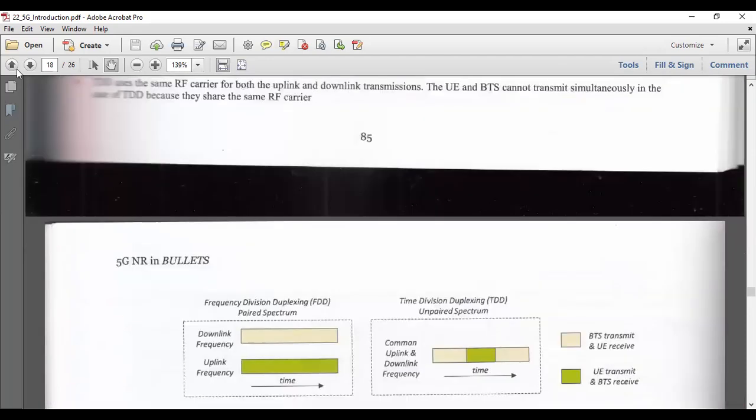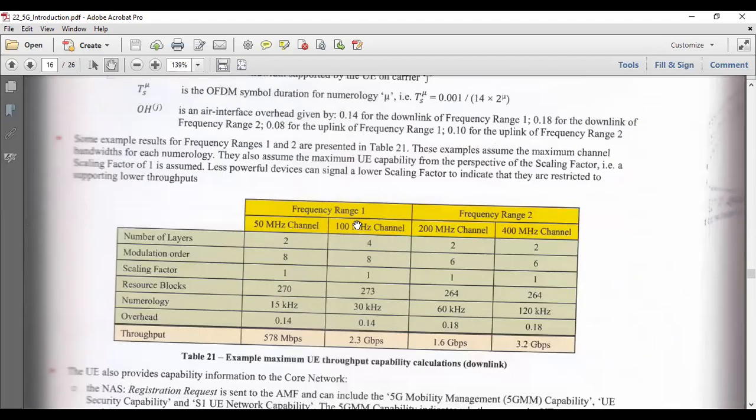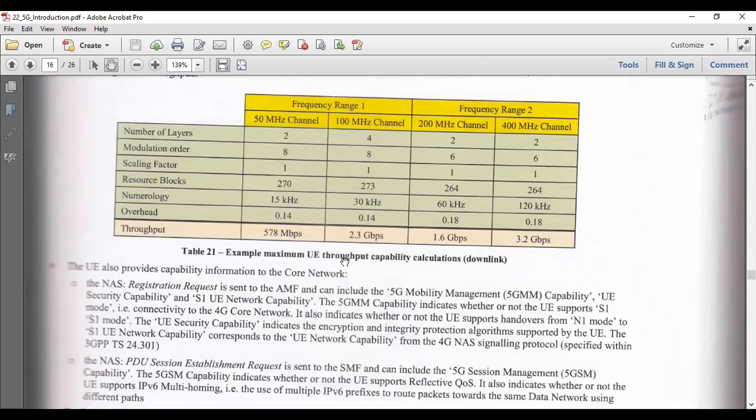Our previous discussions also have this for FR1 and for FR2. They have different bandwidths available.